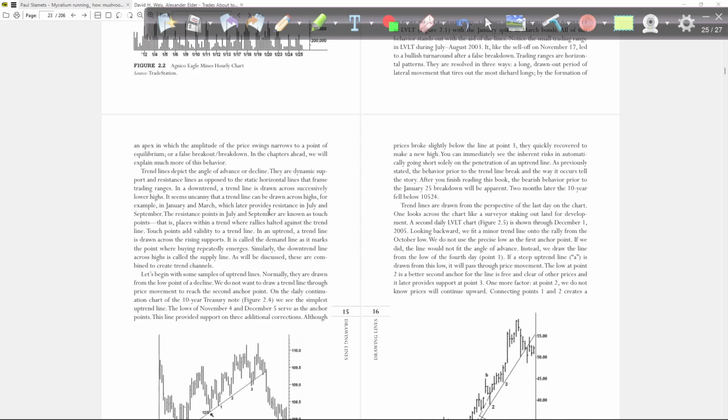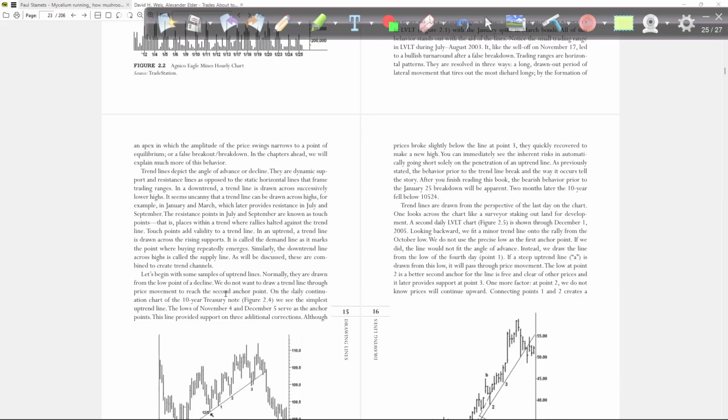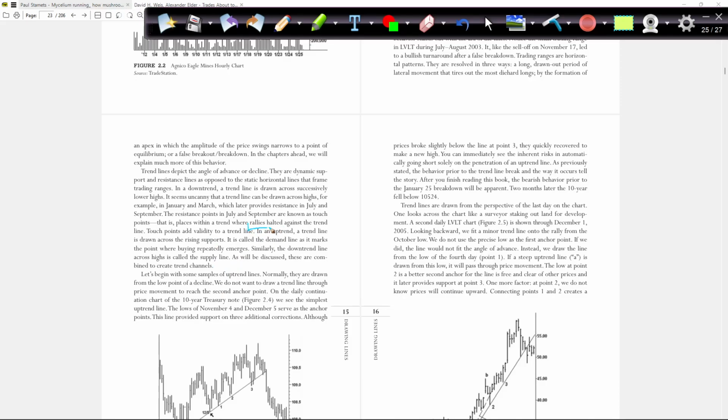So which later provides resistance in July and September. The resistance points in July and September are known as touch points, that is places within a trend where rallies halted, stop there against the trend line.